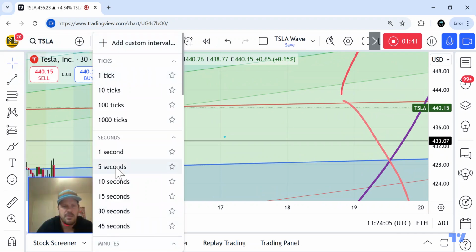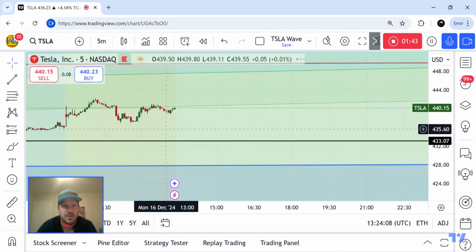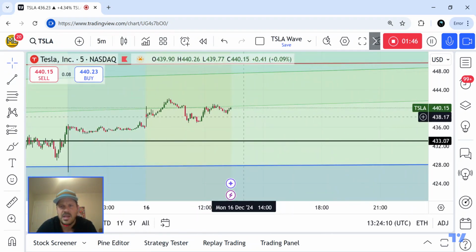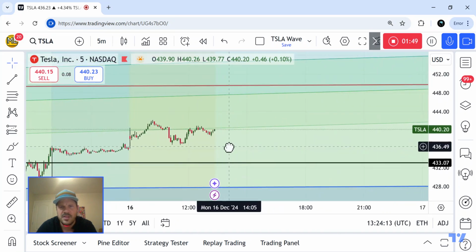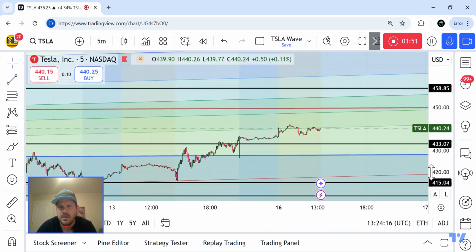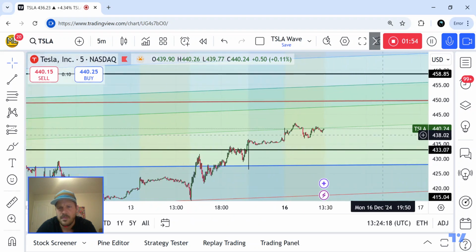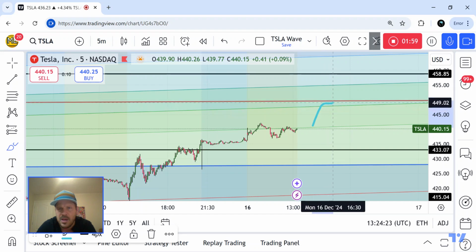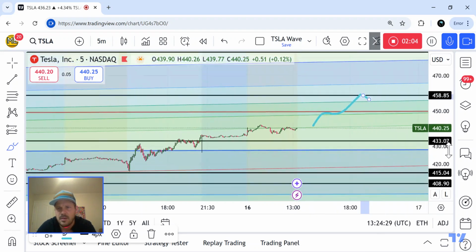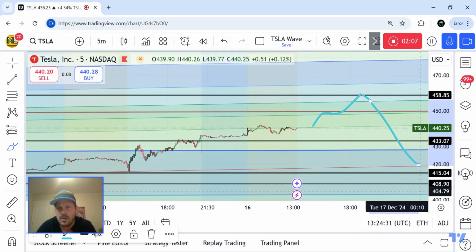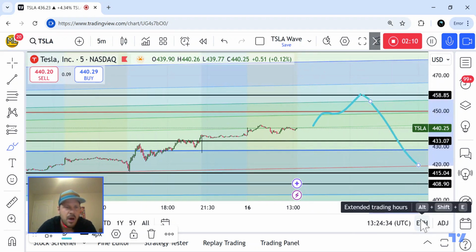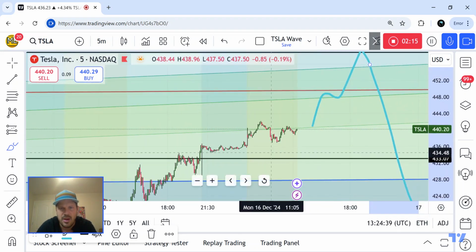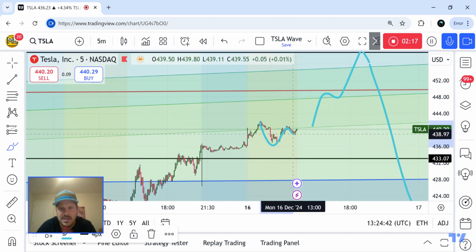Let's jump into 5-minute, just so that we can see, based on what I'm seeing here with this present market, I wouldn't be surprised if we break up, make a correction, go to 458, and then we see a correction down. That's sort of what I'm seeing at this moment in time, based on how much drive this market has.